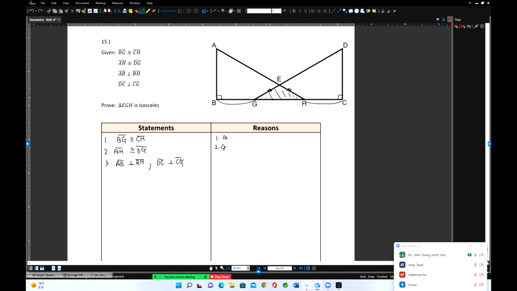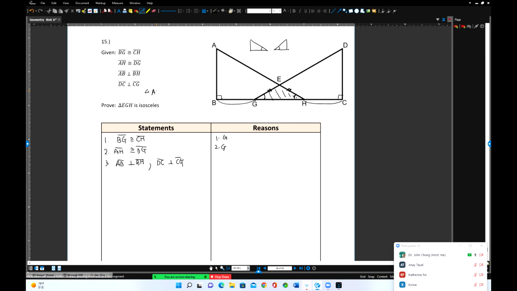From triangle ABH and triangle CDH, there's no corresponding side, only maybe a corresponding angle. These two angles are congruent. Using these two angles, we can say these two opposite sides are congruent. That's our goal.